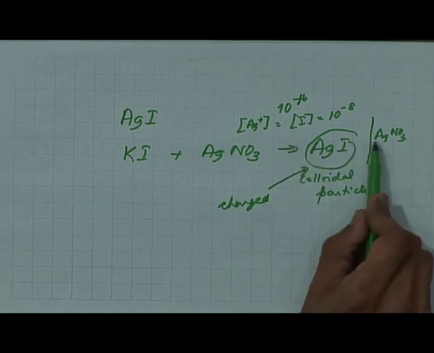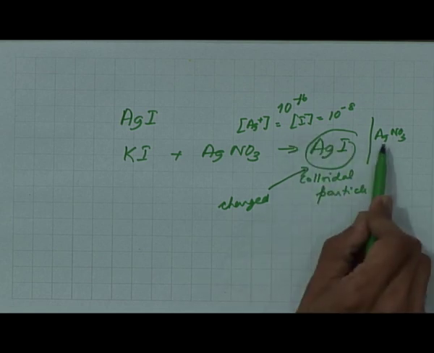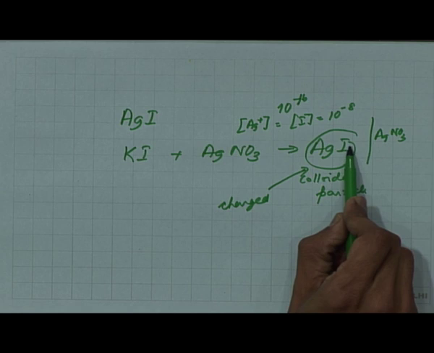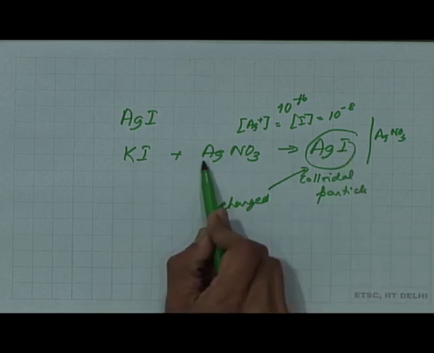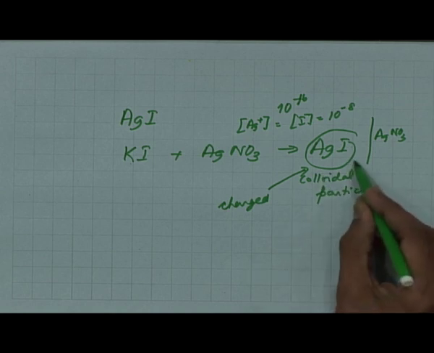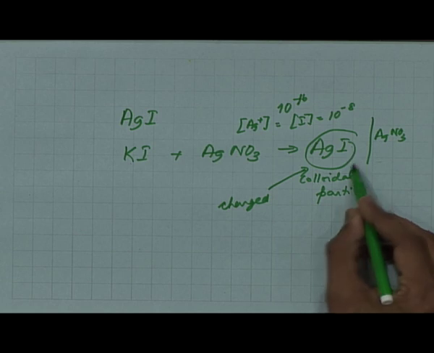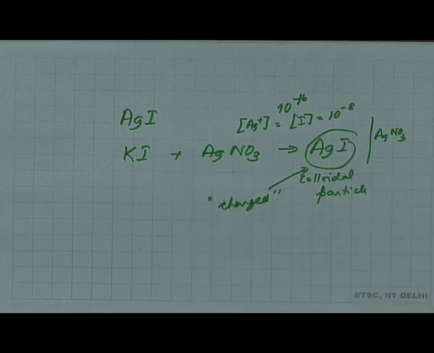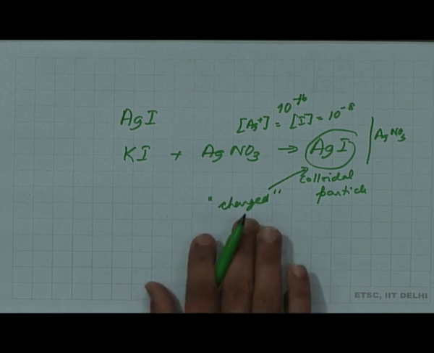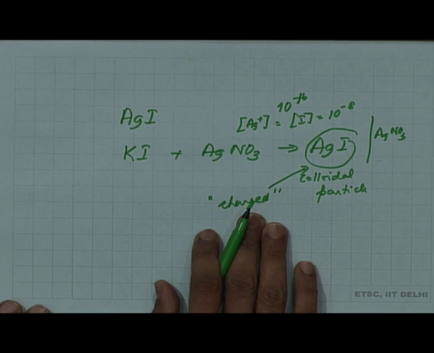So, that is what happens. If there is more of silver nitrate, I minus would change. If there is more of I minus, Ag plus would change. And this will happen by surface dissolution. So, each of these colloidal particles is charged as a result, and because of this charge, the stability also is related to the charge that you have.